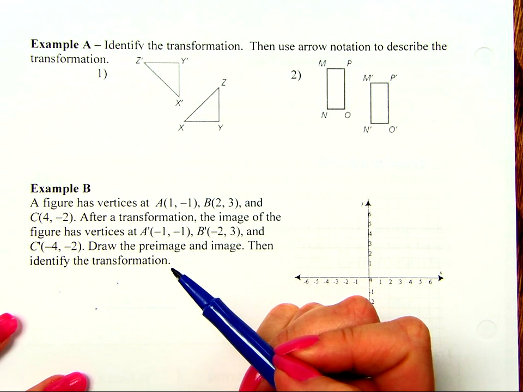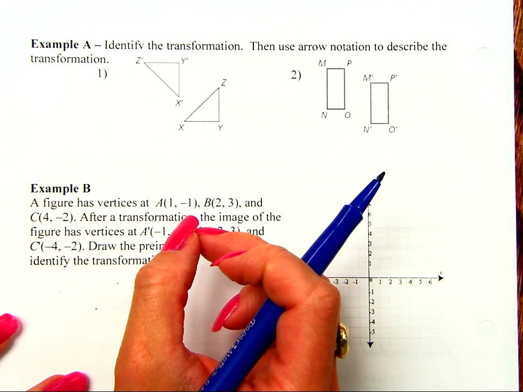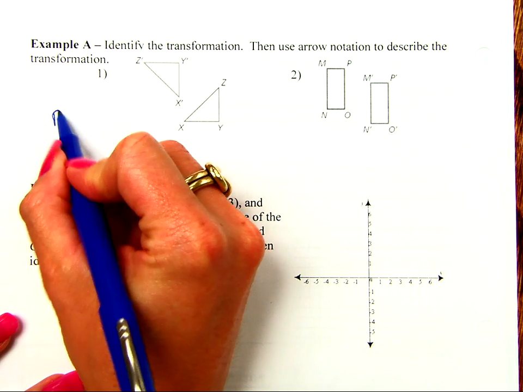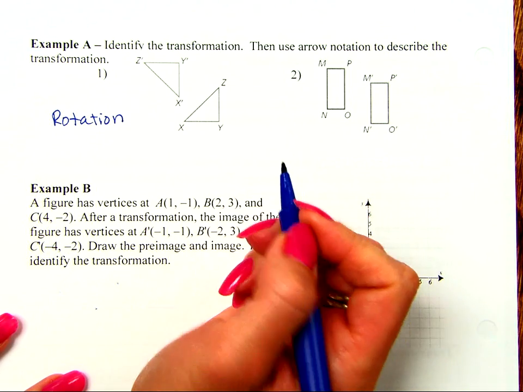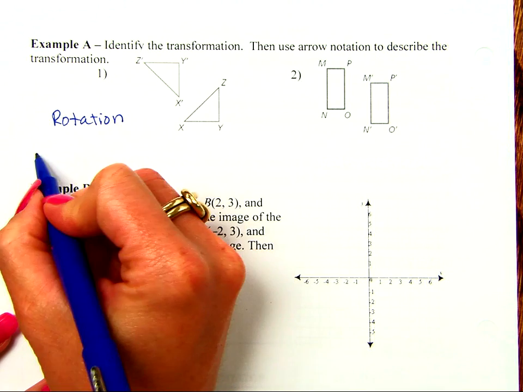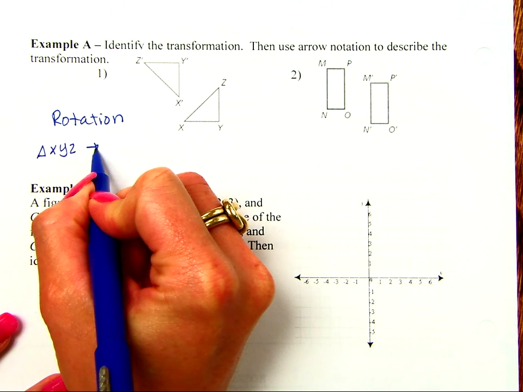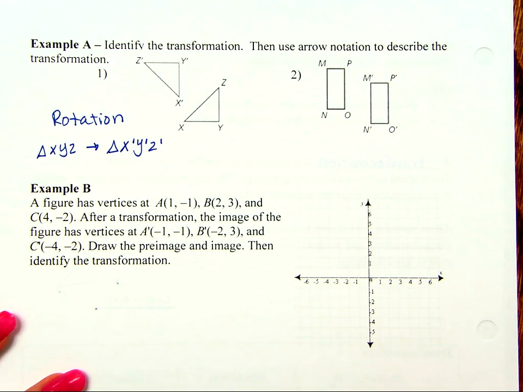Well, I can see that it is simply rotated. In order to map one to the other, I would have to take this and turn it. And so I'm going to identify it as a rotation. To use my arrow notation, I'm just going to say that my triangle XYZ maps to triangle X prime, Y prime, Z prime.